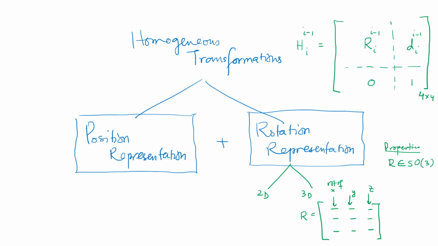And this is a very big revelation. We will try to make use of these properties, and these properties being that the inverse of rotation is actually the transpose of rotation, which is going to greatly help us out in analytically solving the forward and inverse kinematics.